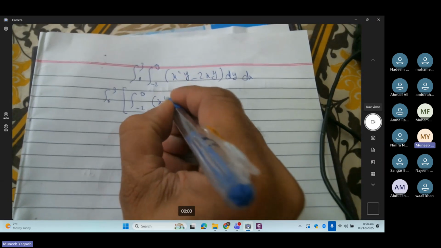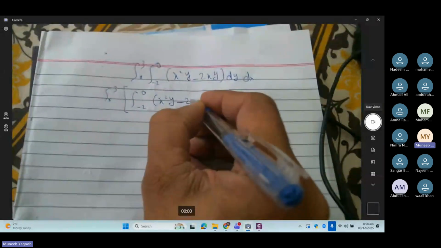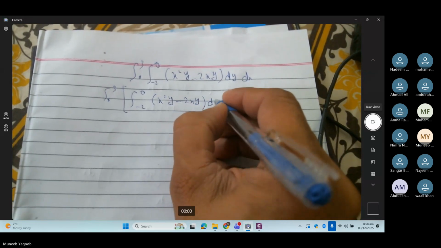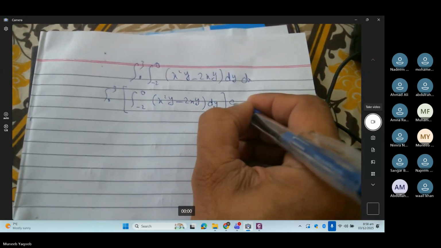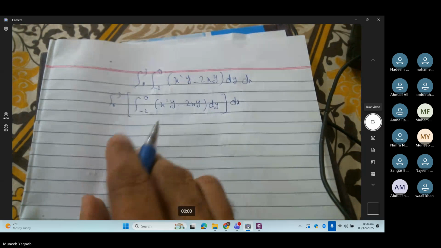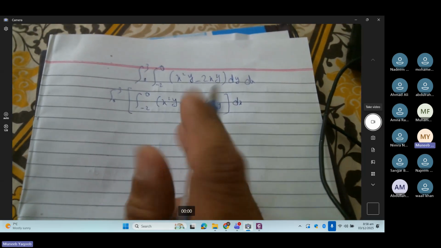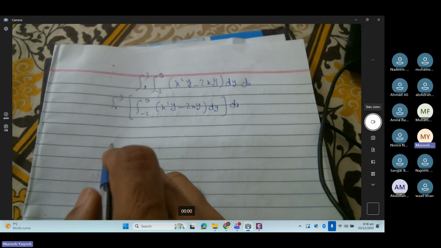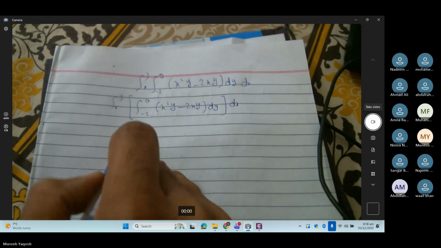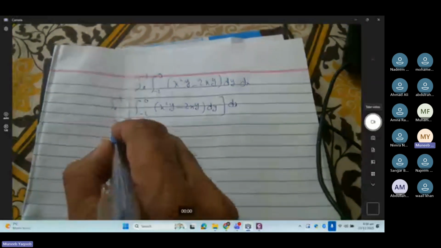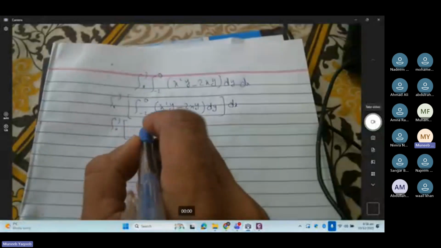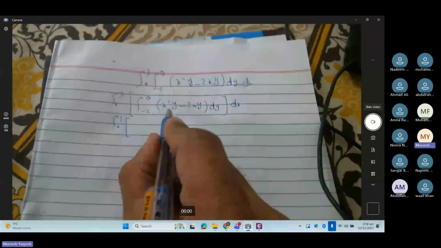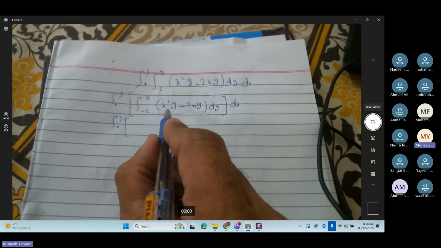And then first of all, we will write the inner integral inside the square bracket to basically confirm you that we are to evaluate the inner integral first. Now, integral 0 to 3 is outside of the bracket. And now we are to integrate x square y with respect to y.